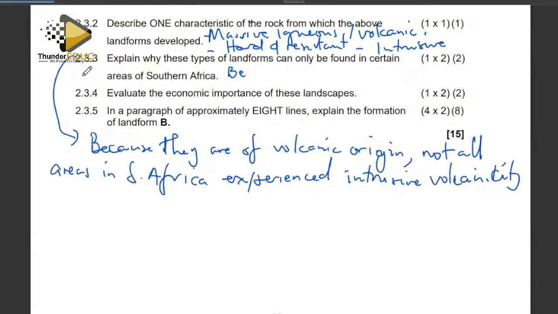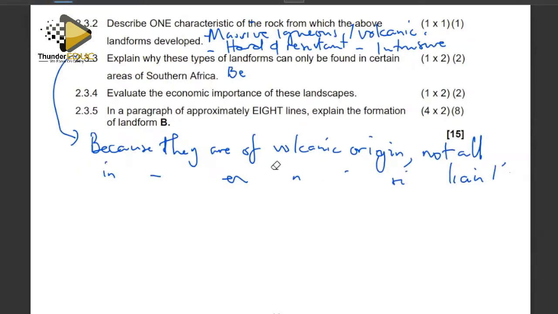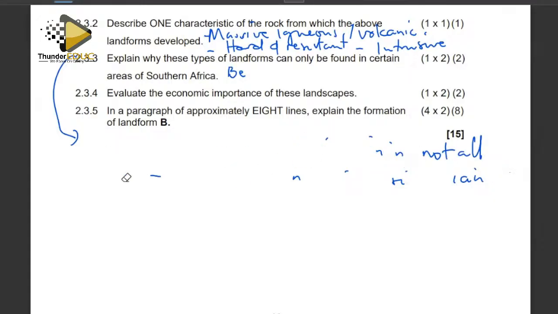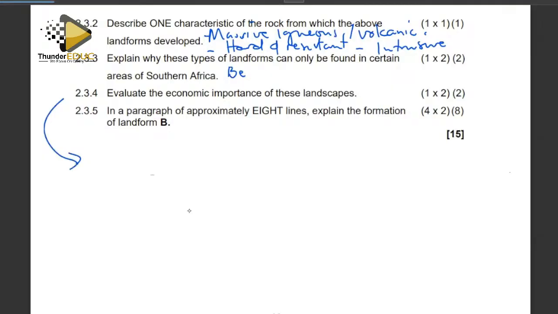Right. Moving on to the next question. Evaluate the economic importance of these landscapes. Why are they important economically? Right. We can talk of the importance in terms of tourism.